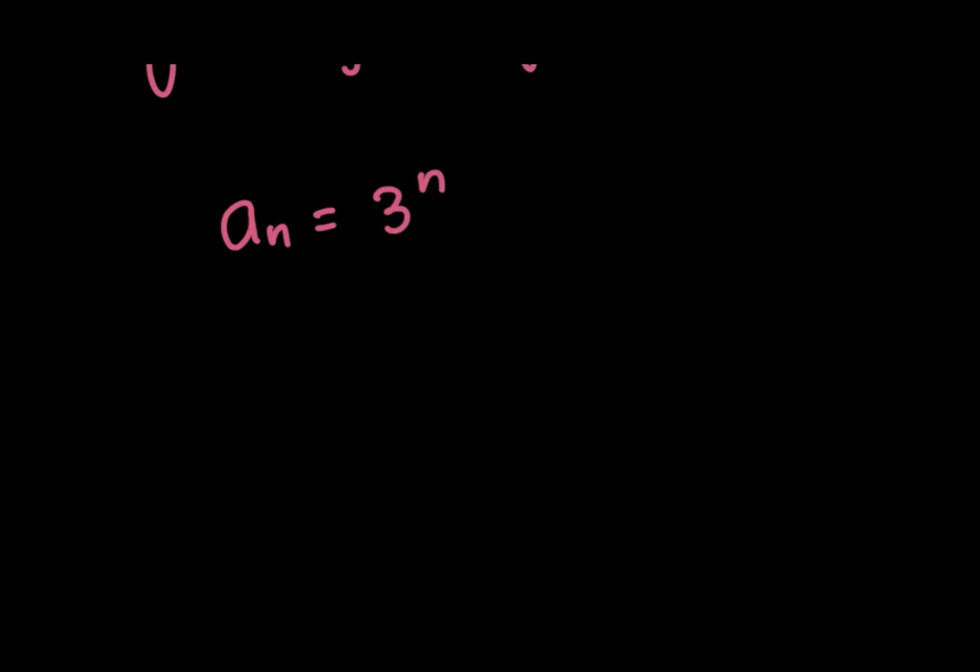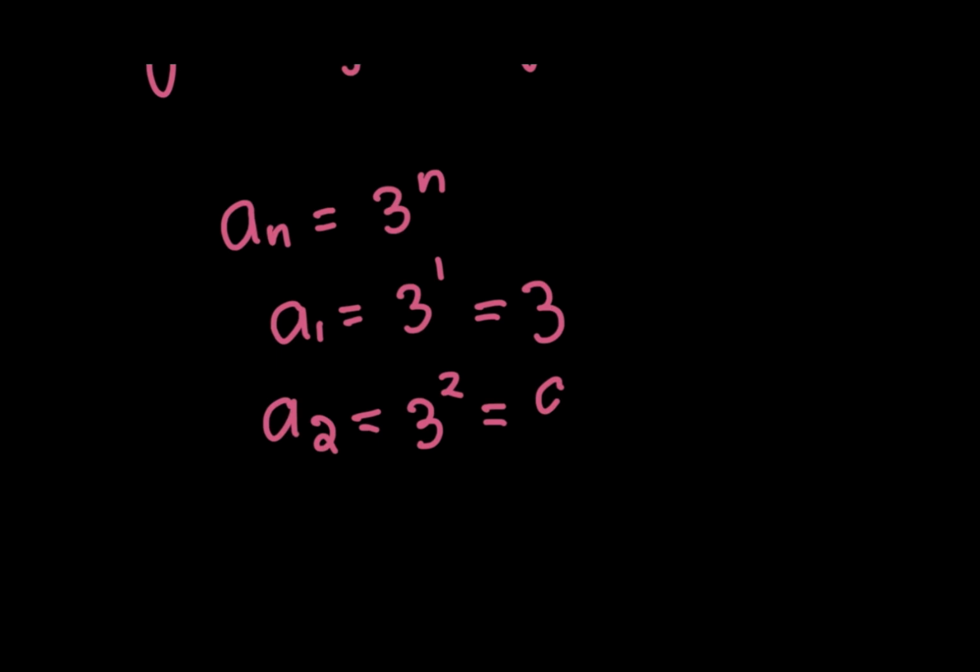Now for term 1, we have a sub 1 equals 3 to the first power. Okay, so that is 3. A sub 2, so that's 3 squared, and 3 squared is equal to 9.